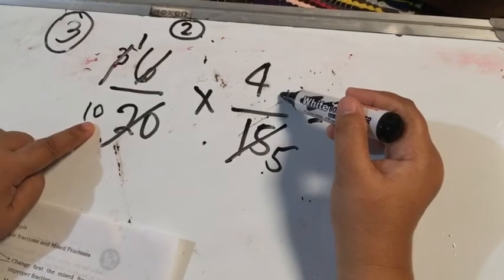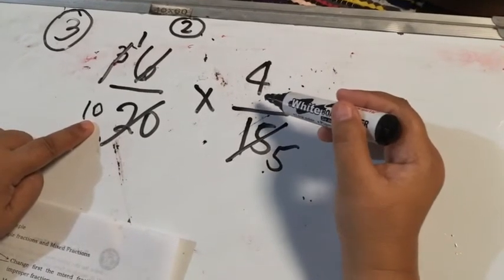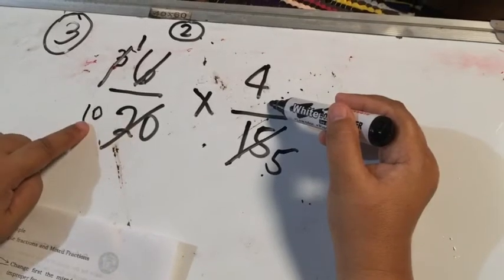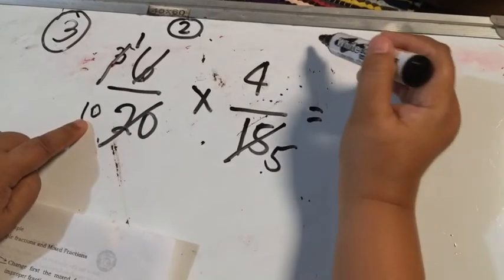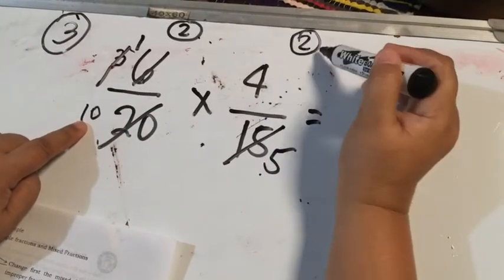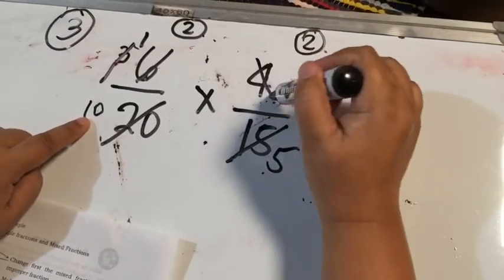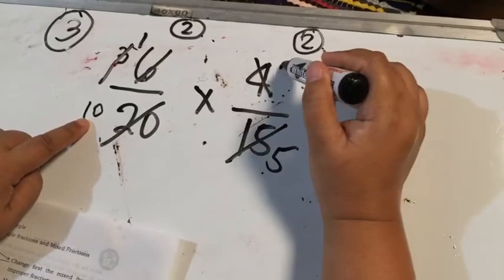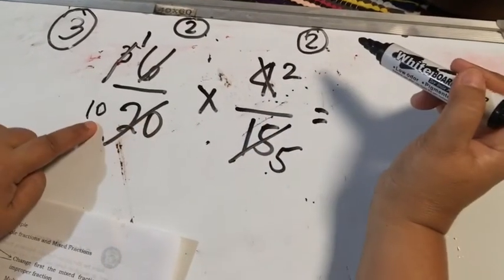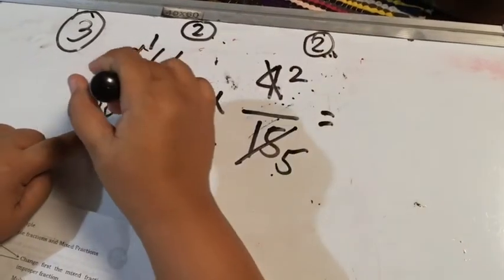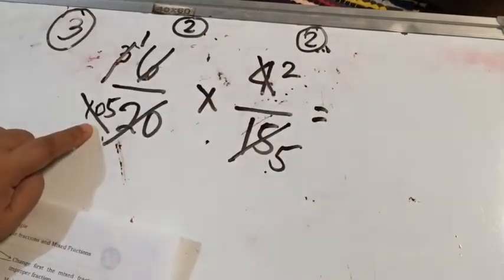What number can divide both 4 and 10? My answer is 2. This is our GCF. So, let's try to cancel. 4 divided by 2, the answer is 2. 10 divided by 2, the answer is 5.